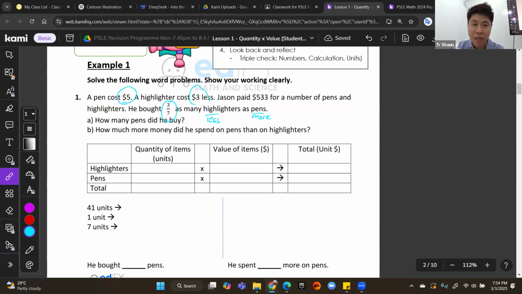You can see this quick table over here. So pens is $5. How about the value of highlighters? Elston, raise hand again. Oh, Elston, very good. Highlighters.